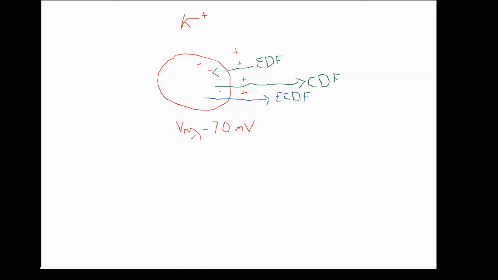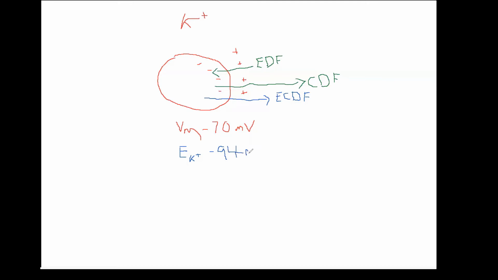It's going to travel along until it hits the equilibrium potential. In this case, our equilibrium potential is going to be even more negative as it follows this electrochemical driving force until these forces are equivalent. The most common equilibrium potential we'll see in our neurons for potassium is -94, I believe.